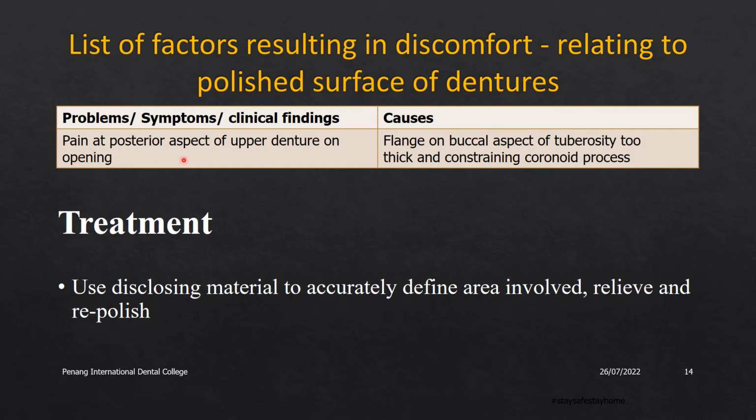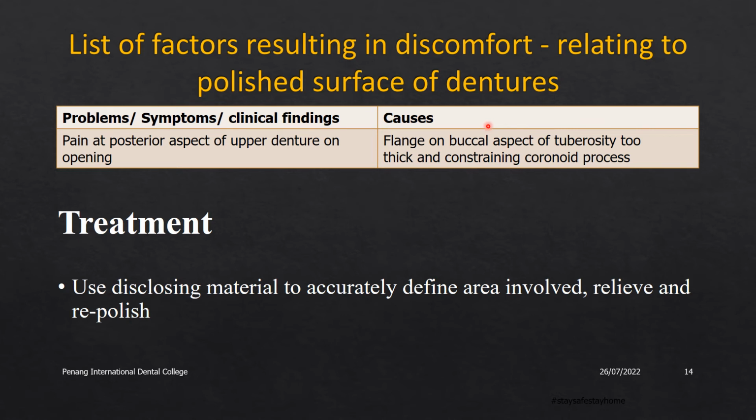There may be pain at the posterior aspect of the upper denture on opening of the jaws. This may be due to thick or overextended buccal flanges, because we have not provided sufficient space for the coronoid process, and it may be due to impinging of the postdam area on the pterygomandibular raphe. So these areas need to be removed.